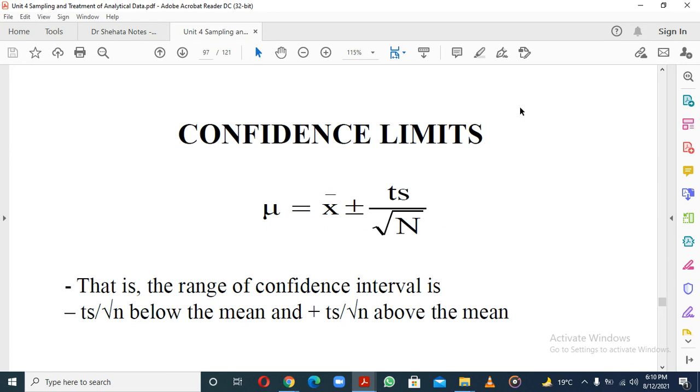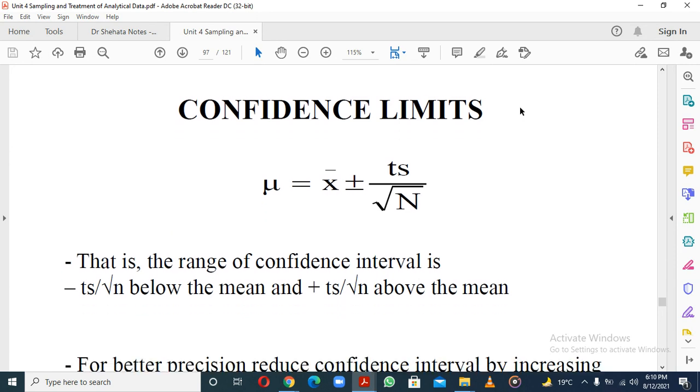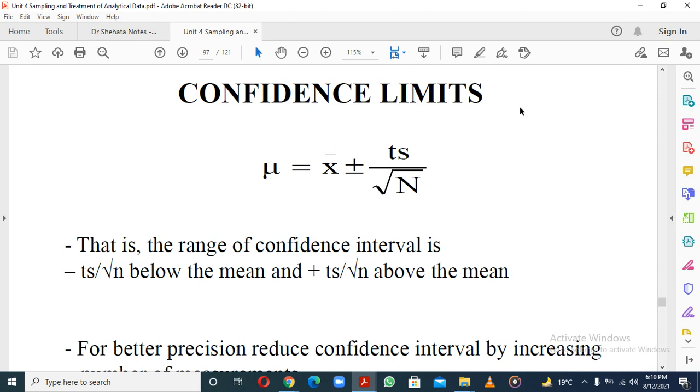So that's the formula for calculating the population mean, just in case you found yourself in a situation where they've not given you the population mean, but they've given you those other three things.